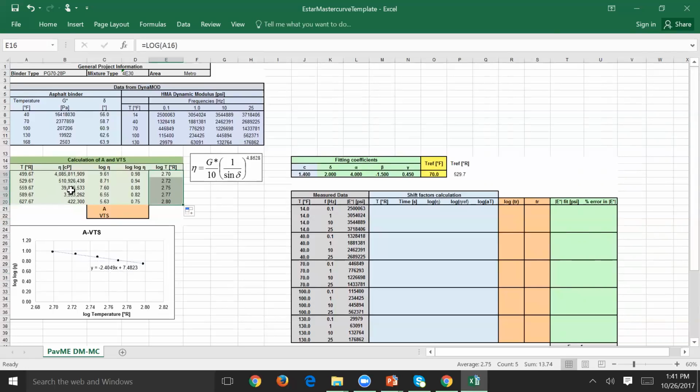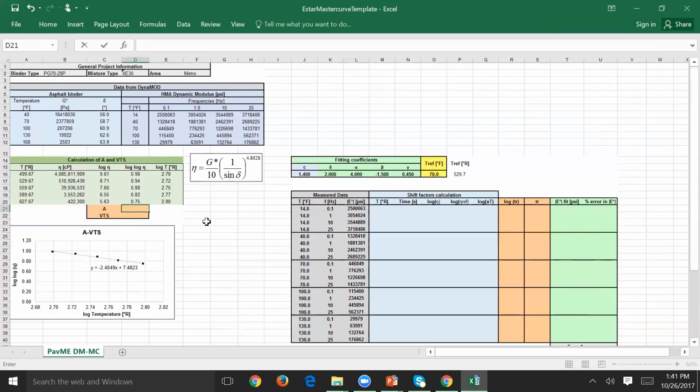Okay, so let's move on. Now we got the A-VTS relationship established. Now we have A is equal to what? 2 point minus 2 point.